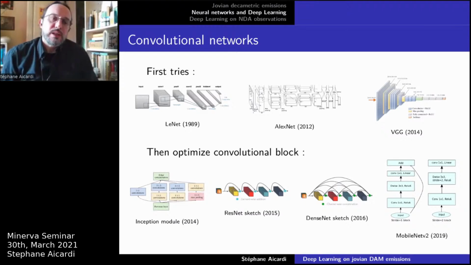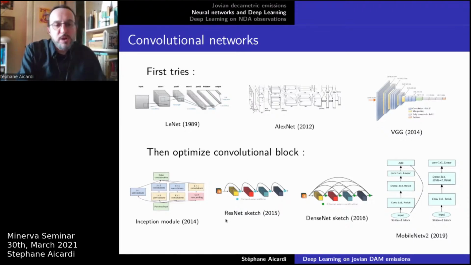concepts, it was clear that it could be interesting to build deeper networks, but if a network was too deep, we had the problem with the vanishing gradient. So people tried to find a way to fix this, and first is ResNet that uses some skip connections to avoid this vanishing gradient.